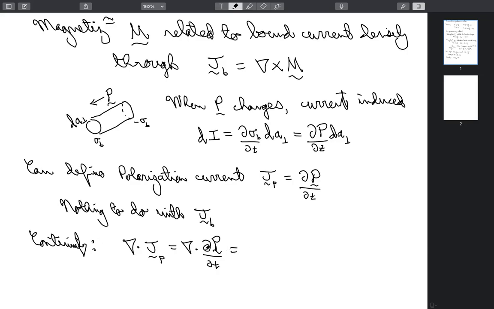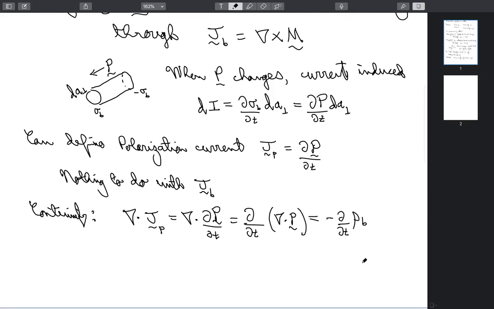And now, assuming that things are smooth in space and time, I can just invert the derivative. So it's just a derivative with respect to time of the divergence of the polarization. But of course, this is really by definition just minus the density of bound charges. So this just becomes minus d/dt of rho bound.